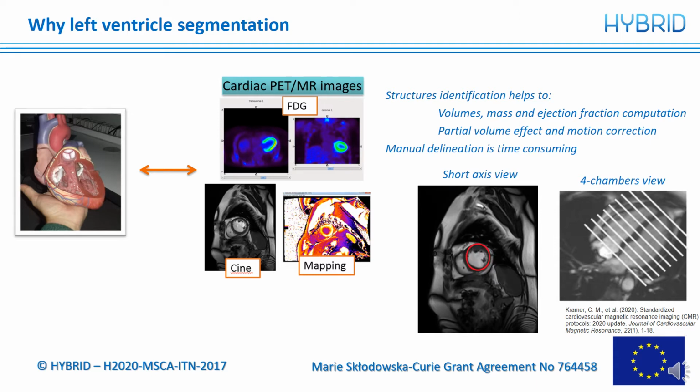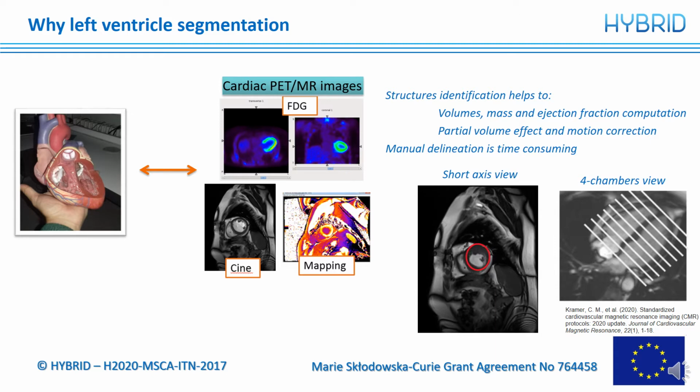For example, if the left ventricle is split into 10 slices, as we can see in the 4 chambers view, where each white line represents the slice that we can see in the short axis view. So if we have 10 slices and we have to delineate this in at least 2 time points of the cardiac cycle, the so-called end diastolic and end systolic phases, we end up with 20 images to delineate.